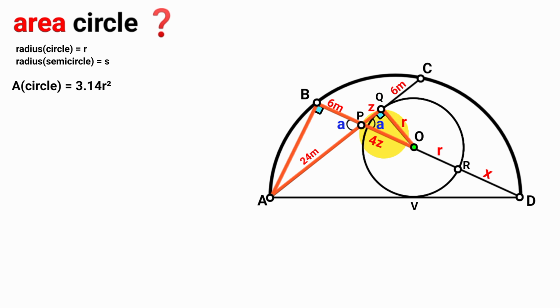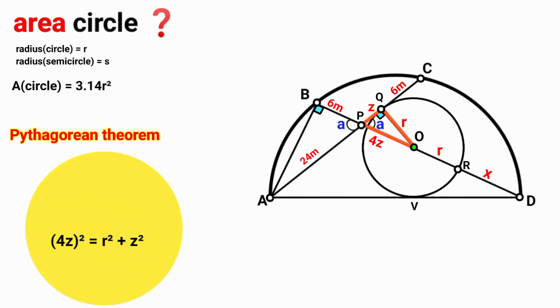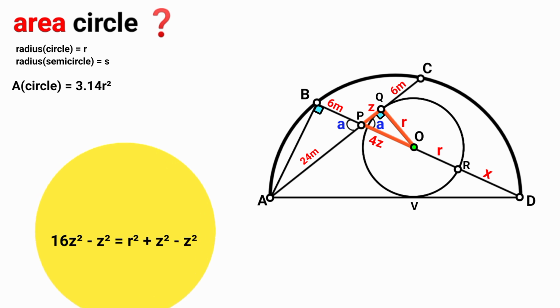Let's focus now on this triangle. It is a right angle triangle. We can use the Pythagorean theorem. So it will be 4Z all squared equals R squared plus Z squared. 4Z all squared is 4Z times 4Z, which is 16Z squared. Subtract Z squared from both sides of the equation.